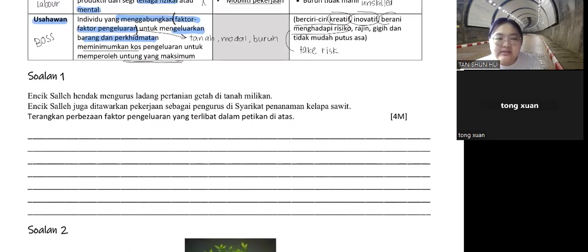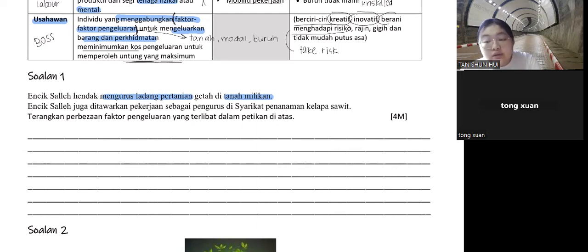Okay, now this is the second level, which is where they ask you to compare. Now here, they say Encik Saleh hendak mengurus ladang pertanian di tanah milikan. Okay, means what? He owned a piece of land and he managed the plantation.